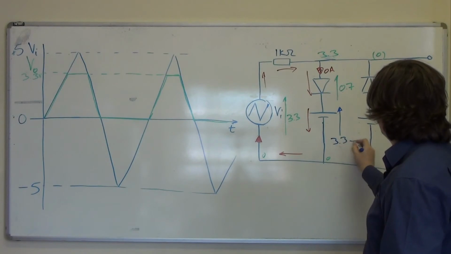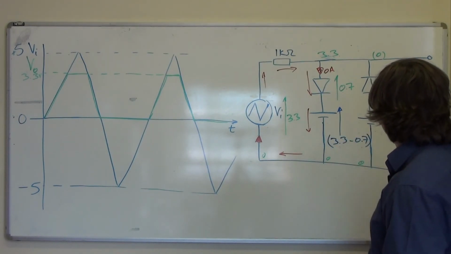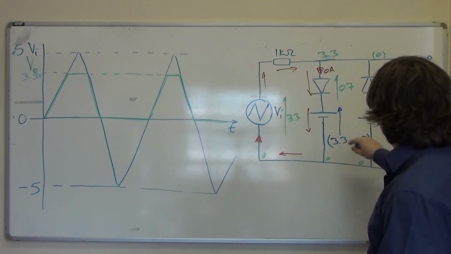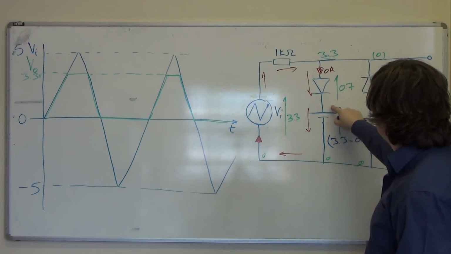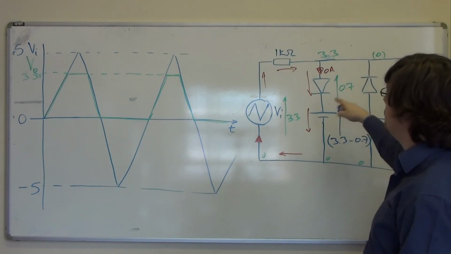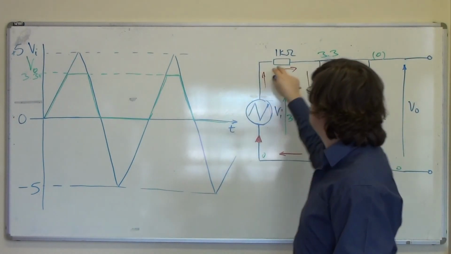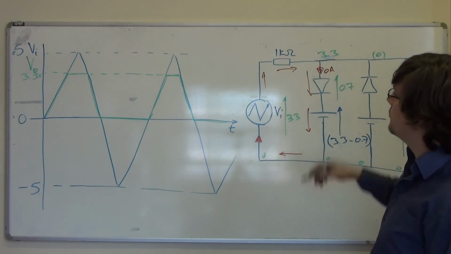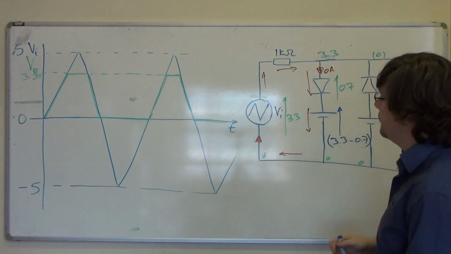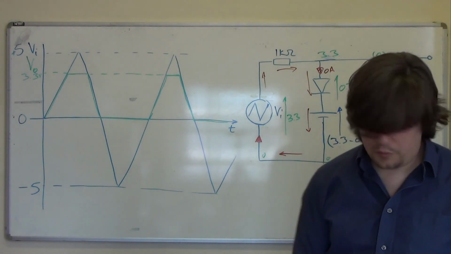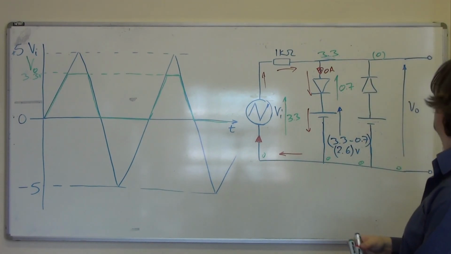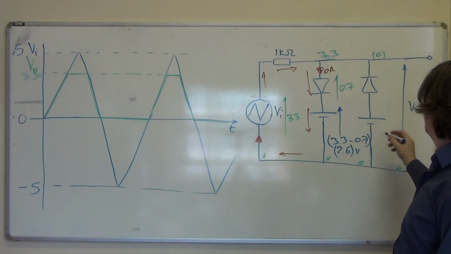That's 3.3 minus 0.7 on that source there, because 3.3 less 0.7 plus 0.7 gives us 3.3, which is the point at which the diode needs to be on the edge of conduction, so that current conduction will start, and will start dropping the voltage across the resistor. And as a result of the voltage dropped across the resistor, the input can keep rising in this region, but the output will be clamped. So that will be 2.6 volts. And this one is 0.7.